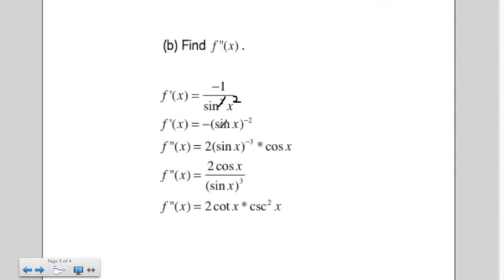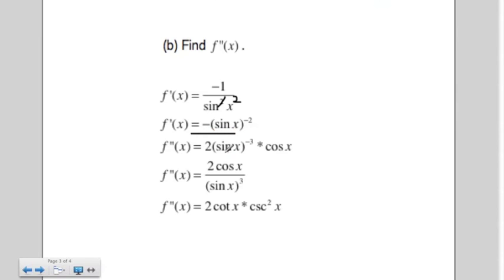So the first thing to do would be to put everything in one line, as seen here, so that we can do whatever product or chain rule, I think it's the chain rule, to take the derivative. Since it's on the bottom, it's negative 2, and that's where you start.